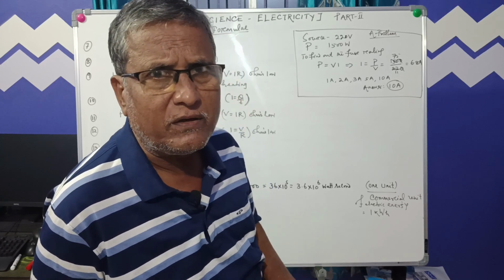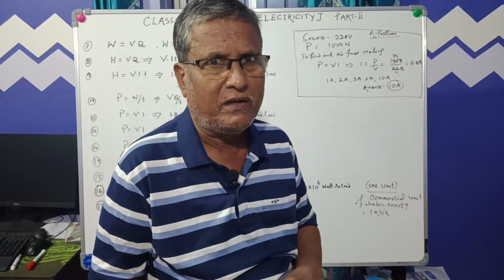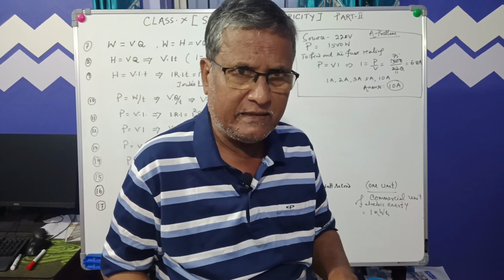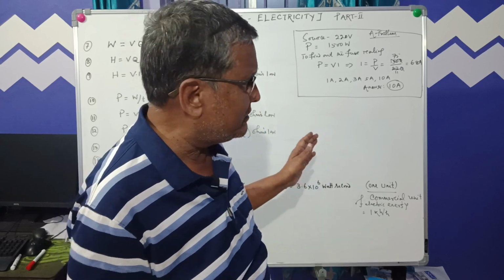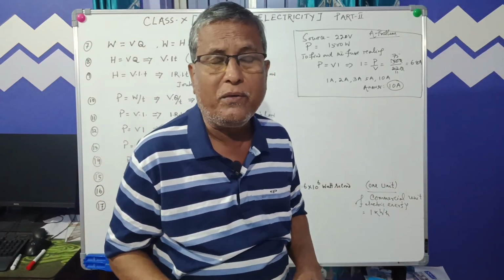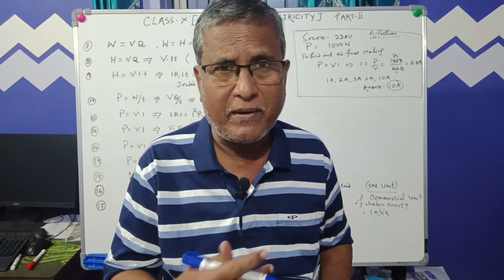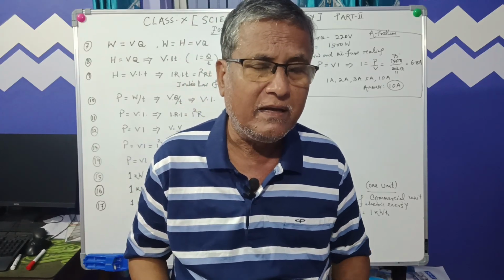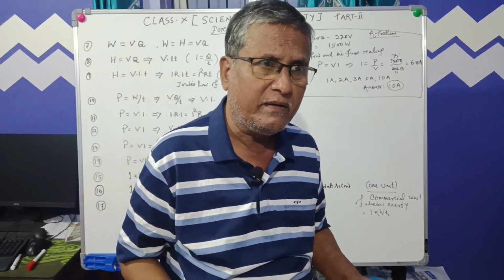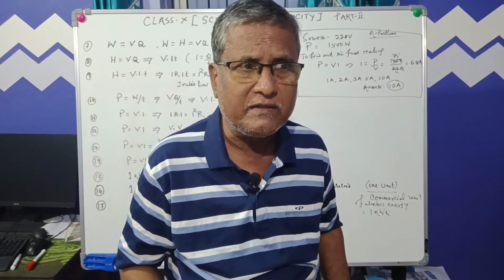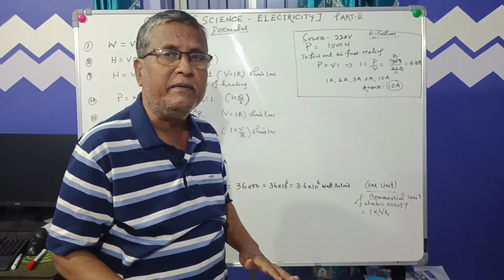So what happens? The energy supplied or drawn from the source is continually dissipated or converted to heat energy. That is called the heating effect of electricity. And that effect is applied in heating devices like your geyser, electric heater, oven, and all appliances that generate heat. These are called heating devices.